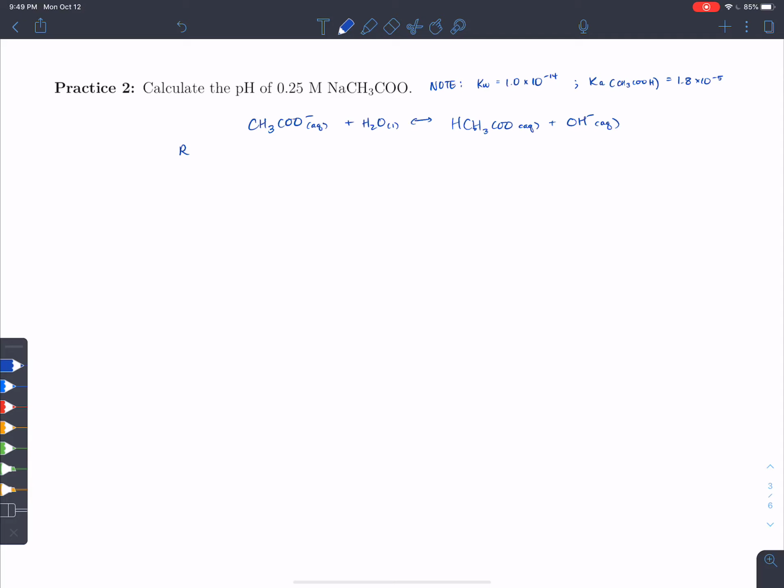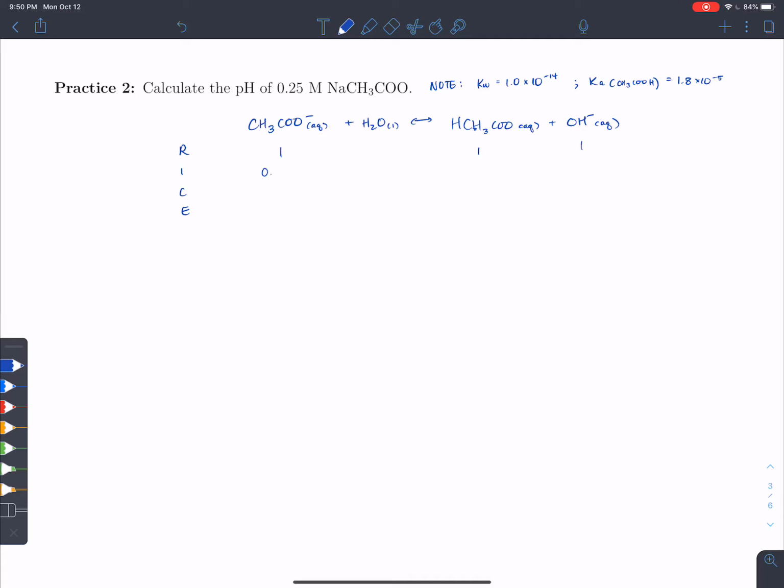So we can create a RICE table for this reaction, and we know that based off of molar ratios, we have a 1:1:1 ratio of acetate to acetic acid to hydroxide ions. And then we know that the initial concentration that we started off with for our salt is 0.25.